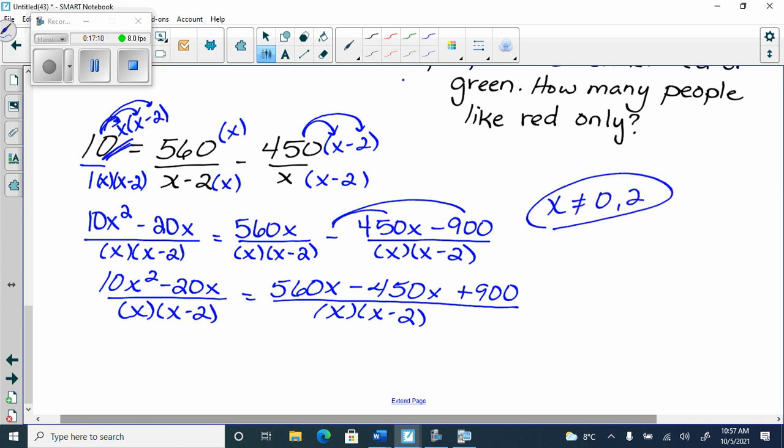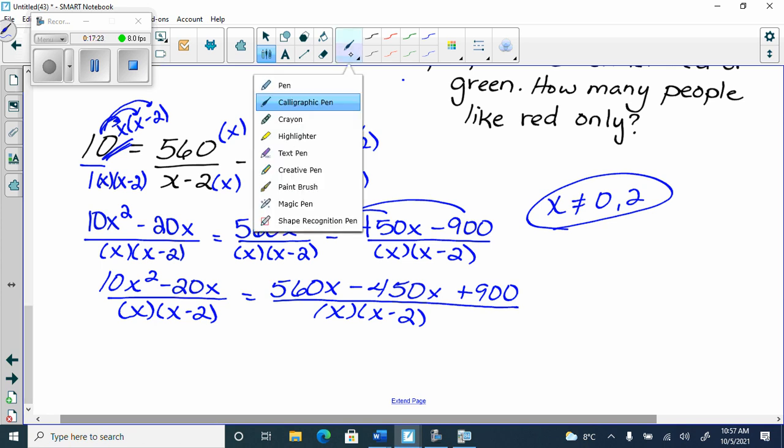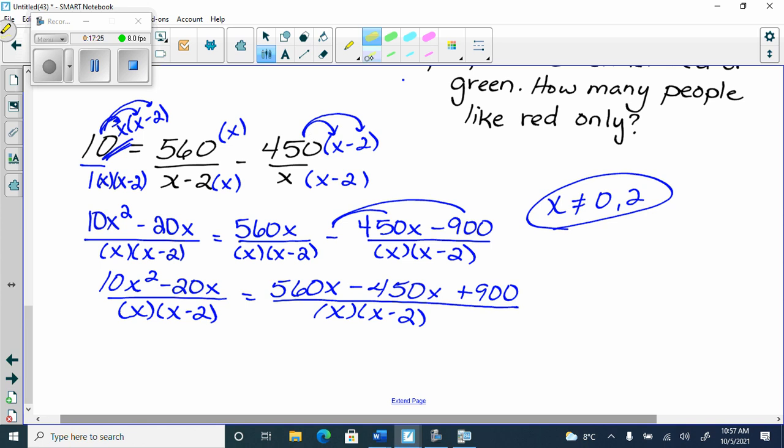And I have to watch, because at the end, if they did equal that, I would circle them and put a line through them and say extraneous, right? So once I have denominator equals denominator, which I showed you with highlighting, I can now say numerator equals numerator and drop my denominators off.